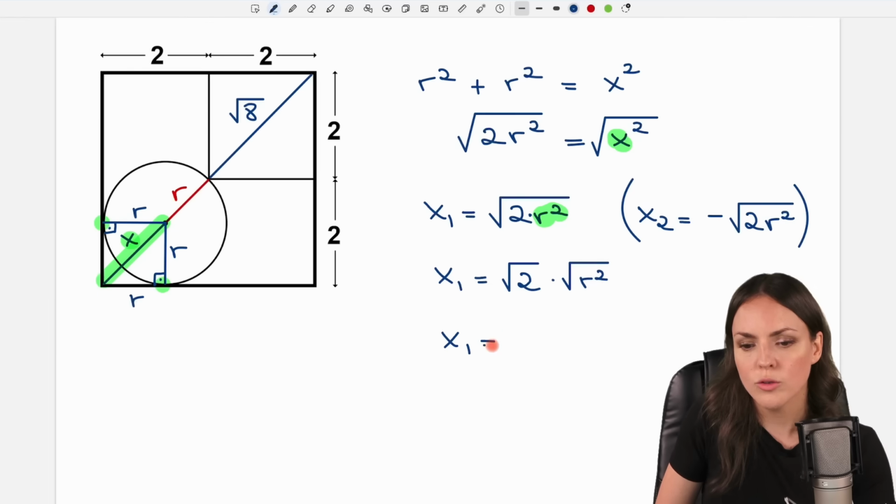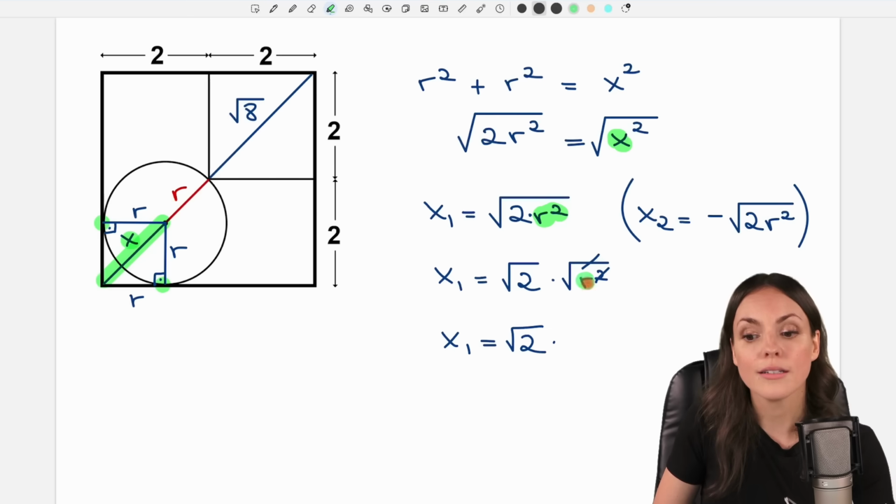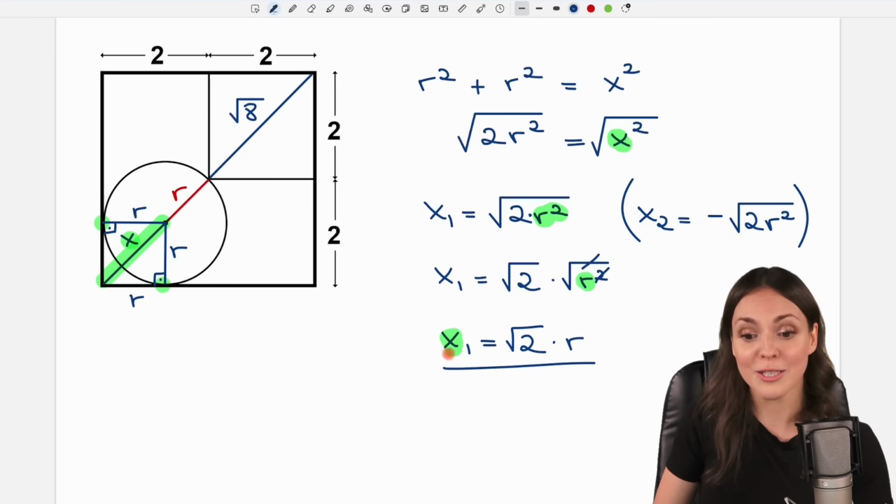And now we keep the square root of 2, but here the square root and the square just cancel each other out because our r is the radius and it's going to be positive. So we can just cancel these two out and only r is left. This is the length of my x. That was what I was looking for.